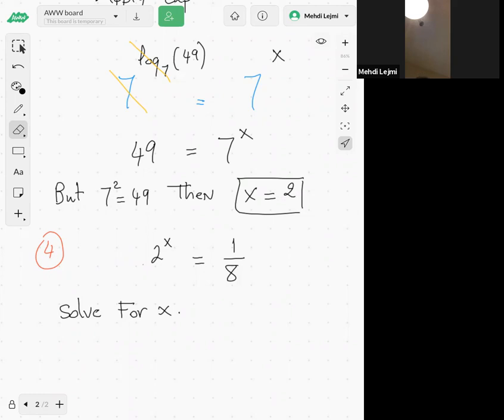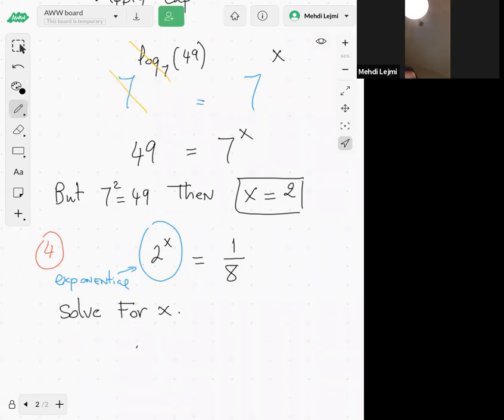As you can see, guys, this is an exponential function with the base 2. And you want to solve for x.